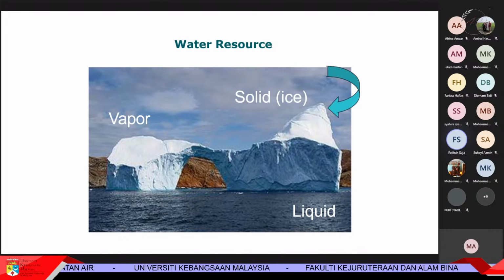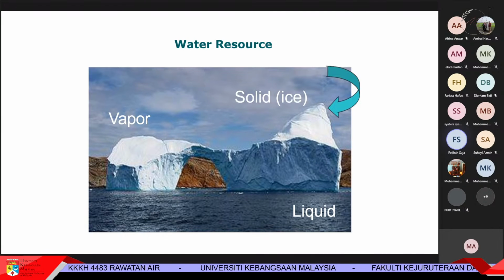When you say water, it's liquid form. But you will also be able to find water in the solid state, which is ice, and also the gaseous state, water vapor or steam.